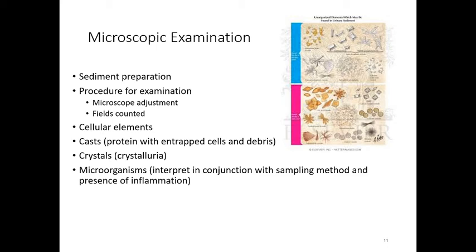If you have a concentration event and then you have a flushing event, it's kind of like Play-Doh has been trapped in a tube, and you put it through the tube and you get this cast that comes out of it. And you have to look at the cast to see, is it made up of protein or cells or debris? But it can often mean that we have something that has gone on within the kidney. So we're looking for those casts.